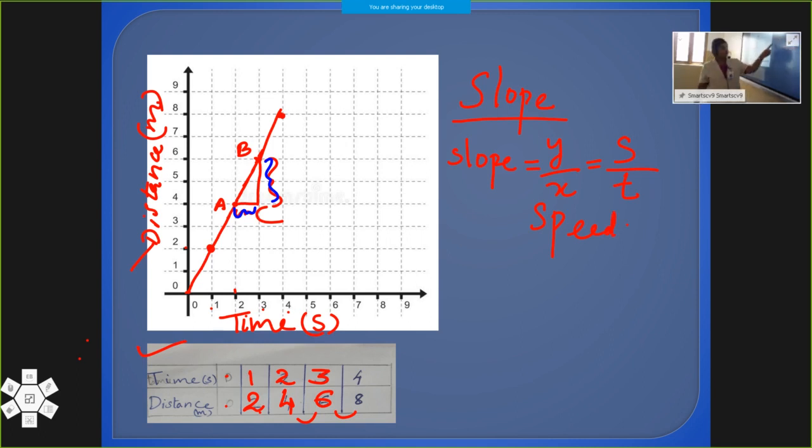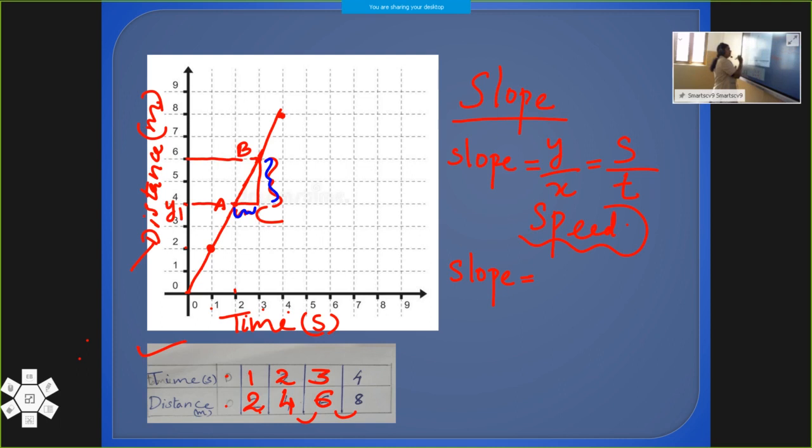So, when the slope is measured from the graph, we get the speed of that object. So, we can calculate the speed at any instant easily from the distance time graph. How? By taking the slope. Slope of the graph is equal to what is in the y-axis by what is in the x-axis. Y by x is the slope.